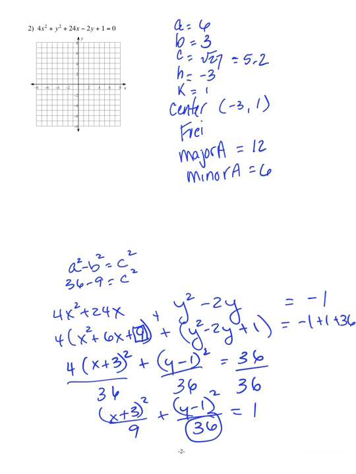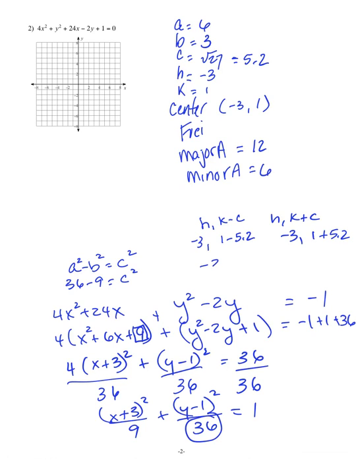And your foci, if you're looking at the vertical side, is H, comma, K minus C, and H, comma, K plus C. So we have -3, comma, 1 minus 5.2, and -3, comma, 1 plus 5.2.